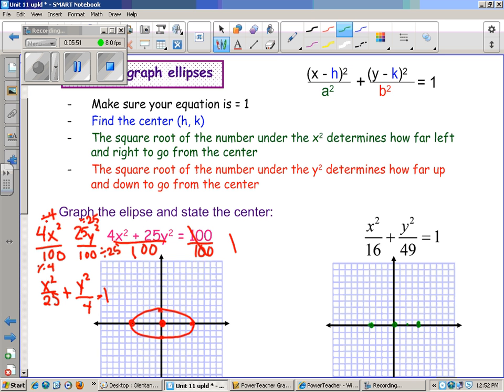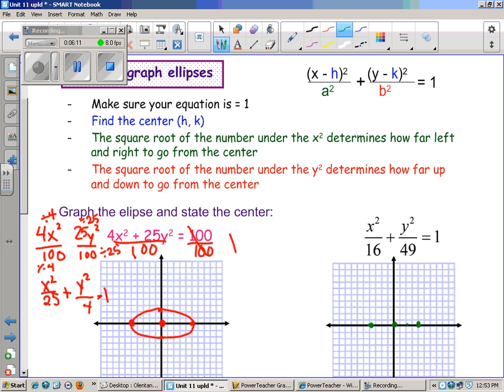Does that make sense? The one with the y goes up and down. The one with the x goes left and right, not necessarily which one's first and which one's second. Does that make sense? Okay, so just be careful of that. I don't usually do that, but once in a while you'll see on standardized tests that they want to make sure you realize what's going on there.